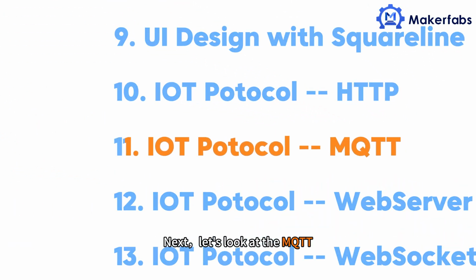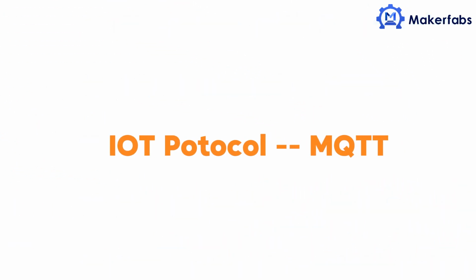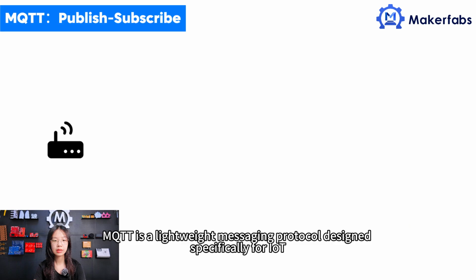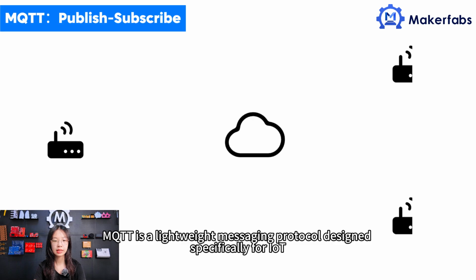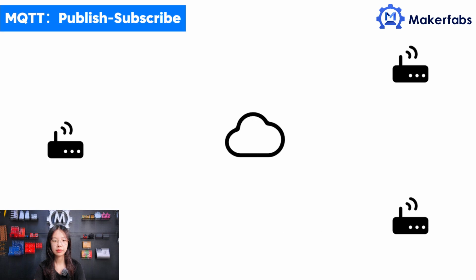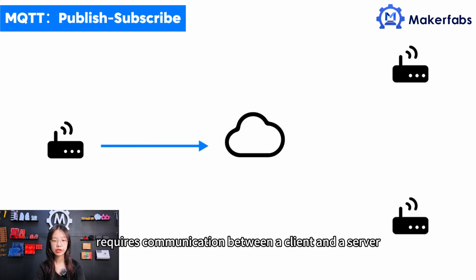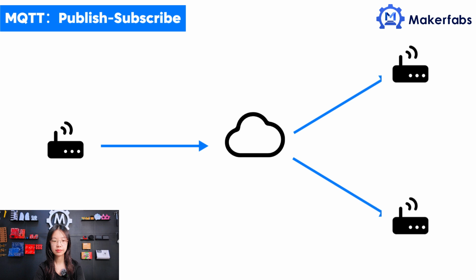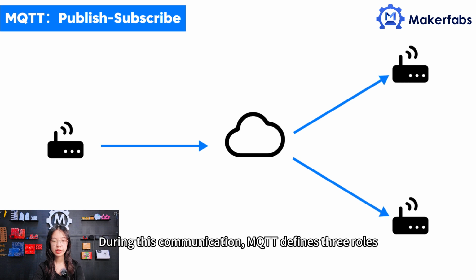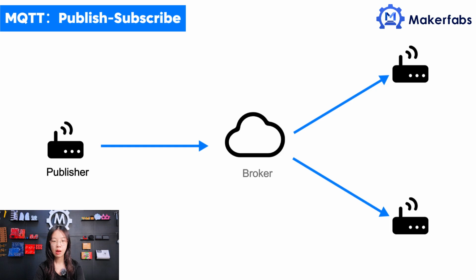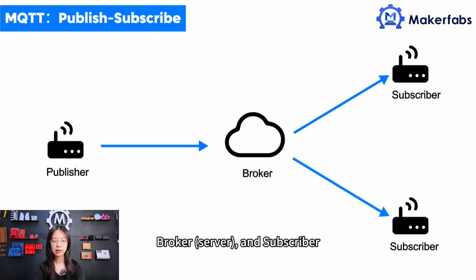Next, let's look at MQTT. MQTT is a lightweight messaging protocol designed specifically for IoT. Implementing the MQTT protocol requires communication between a client and a server. During these communications, MQTT defines three roles: publisher, broker, and subscriber.